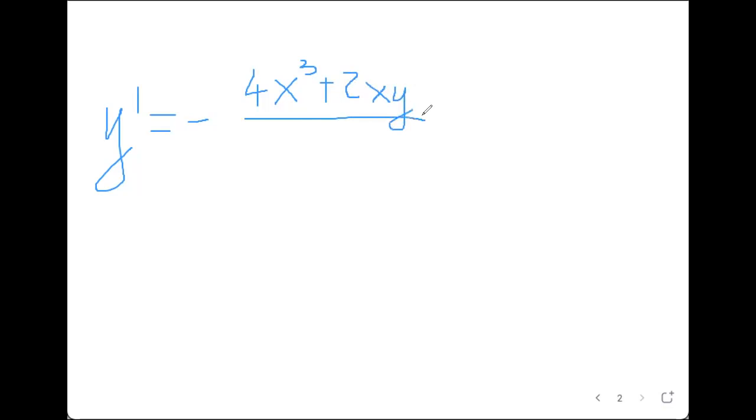Let's see, first of all, if I can copy it and paste. No, I cannot. So y prime is equal to minus 4x cubed plus 2xy over y squared plus x squared y.